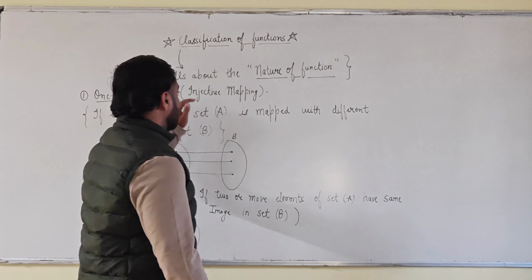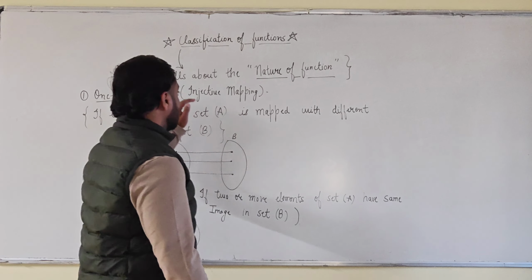Let this be set A and this be set B. Every element of set A is mapped to a different element of set B. Next classification is the many-one function, also known as non-injective mapping.